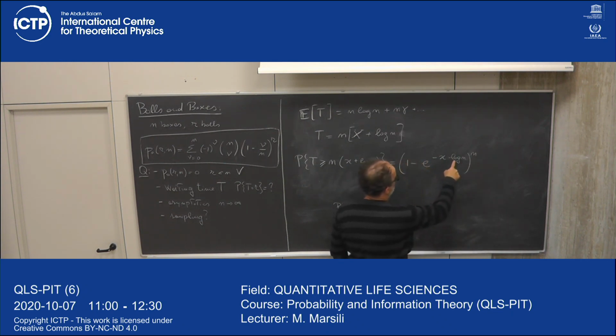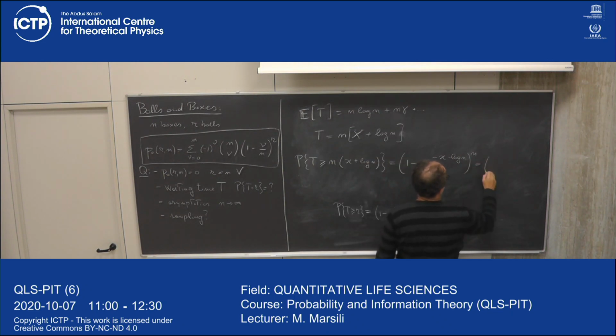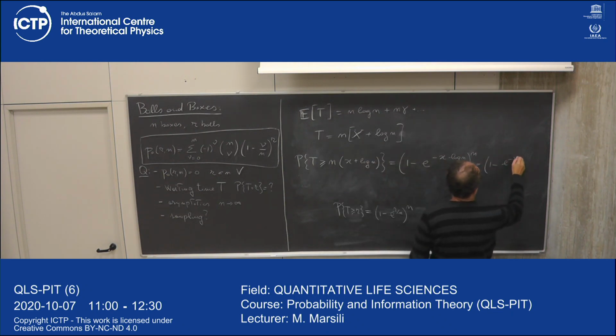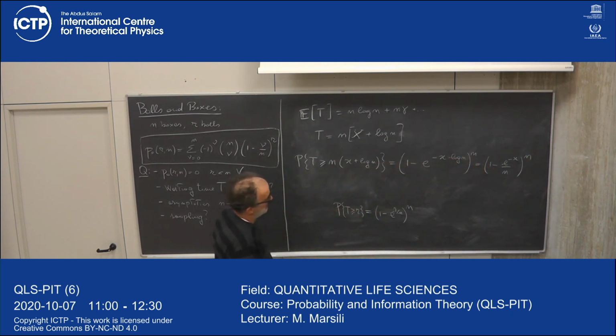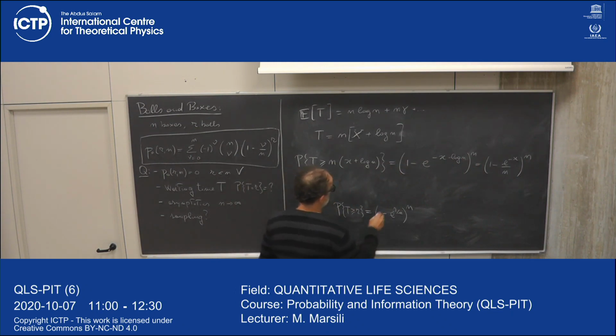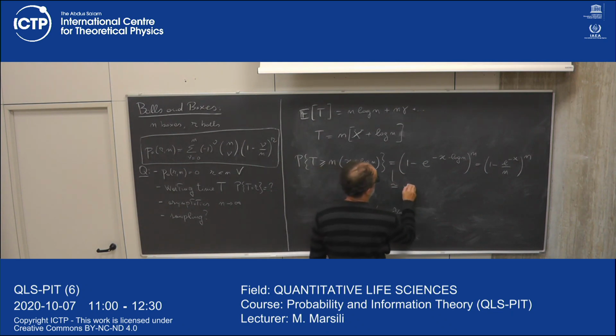And you see that this minus log n just gives me 1 minus e to the minus x over n, to the power n. And this, for n large, is very well approximated by e to the minus x.